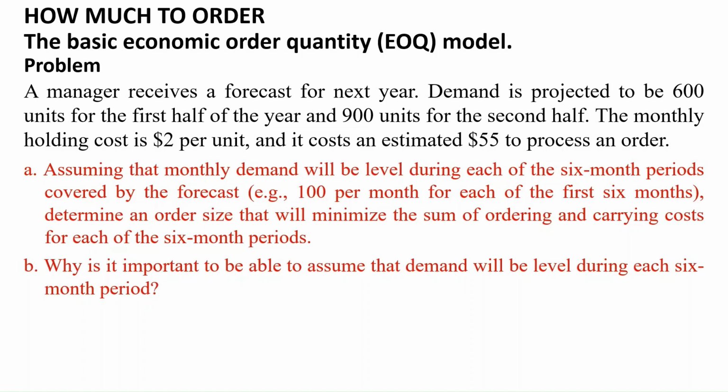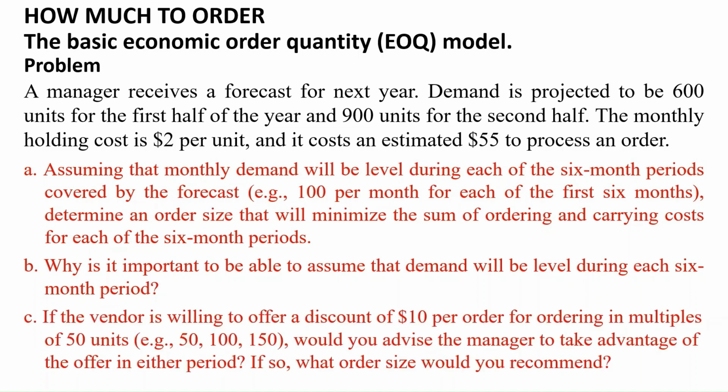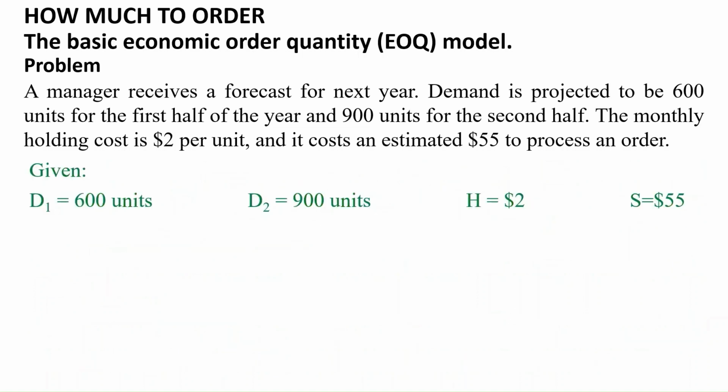Why is it important to be able to assume that demand will be level during each 6-month period? If the vendor is willing to offer a discount of $10 per order for ordering in multiples of 50 units, example 50, 100, 150, would you advise the manager to take advantage of the offer in either period? If so, what order size would you recommend?